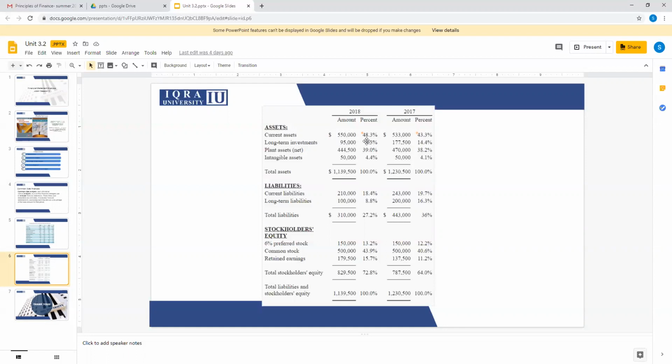The percentage of the current asset in the total asset is 48.3%, and then here it is 43.3%. Now it was 43.3, if you do a forward comparison, it was 43.3 and then became 48.3.